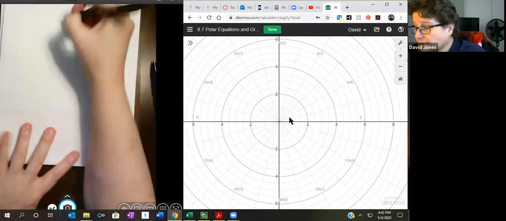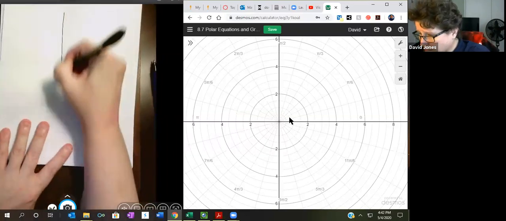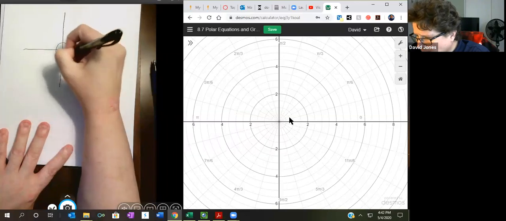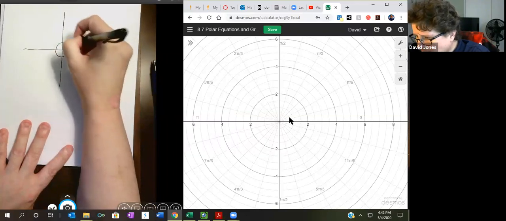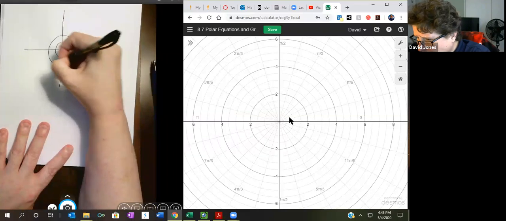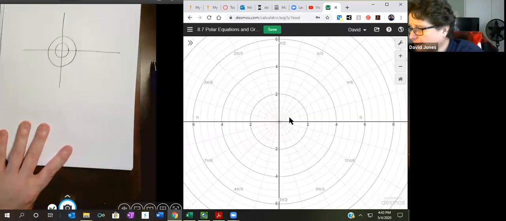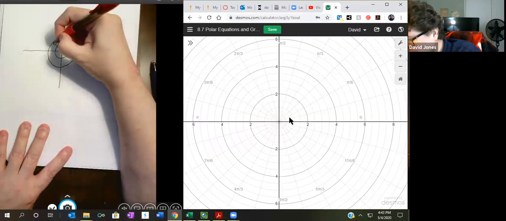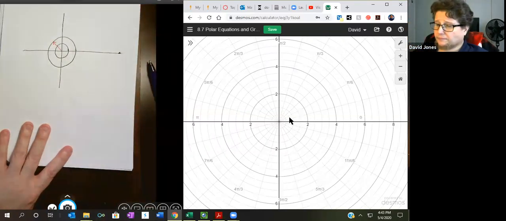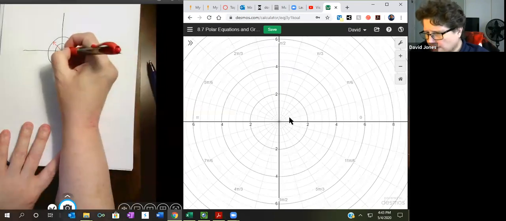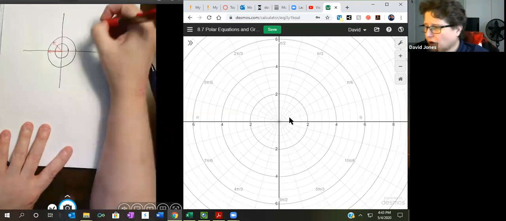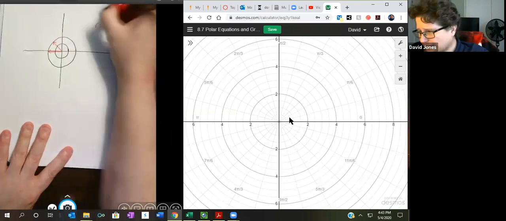Here's your other option for getting that negative radius. We'll just do it right here. I'm going right there. Here, I'm going to go out -2 first. So r equals -2 first.